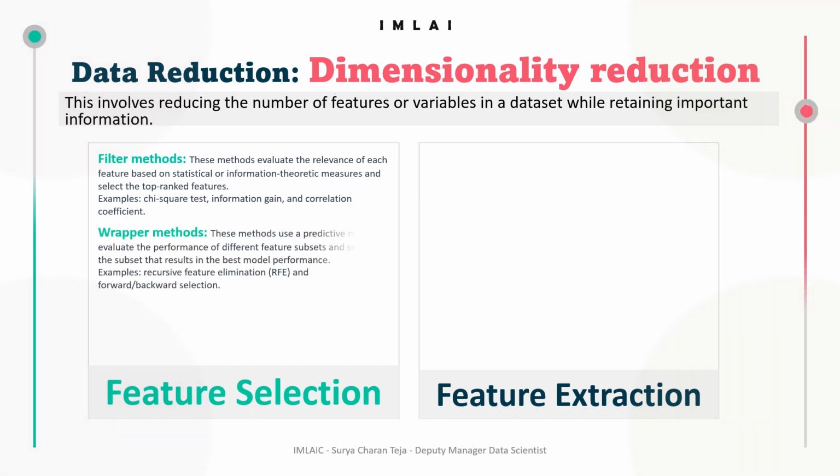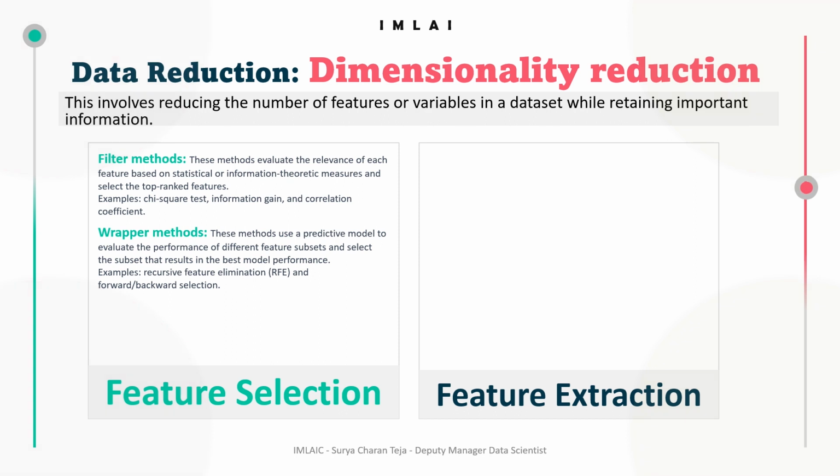Then we have wrapper methods. These methods use a predictive model to evaluate the performance of different feature subsets and select the subset that results in the best model performance.